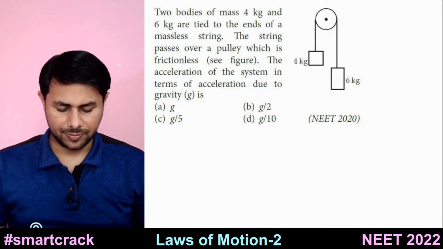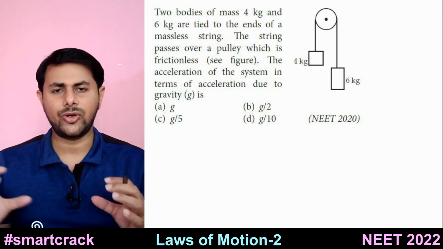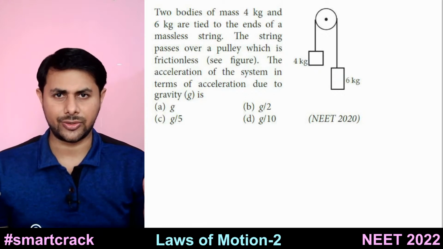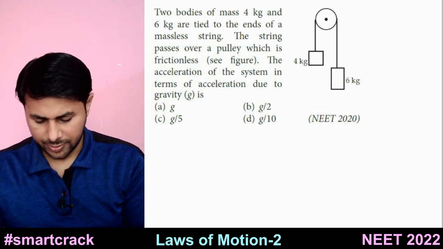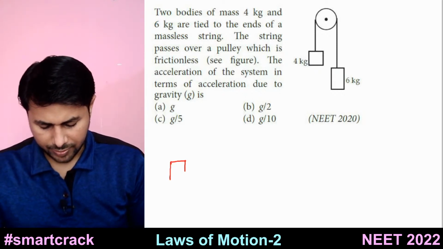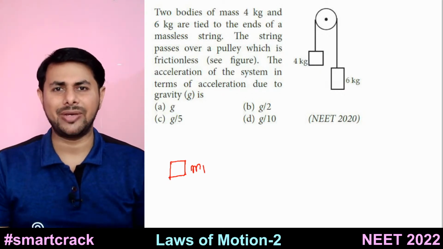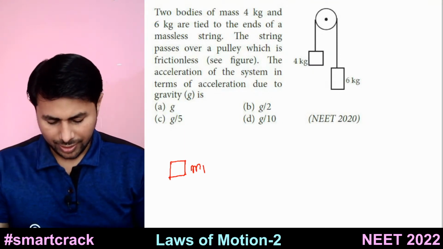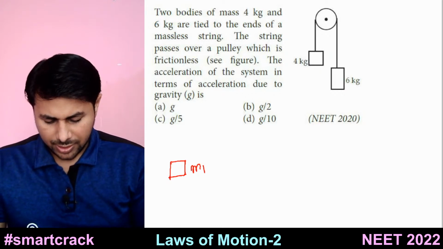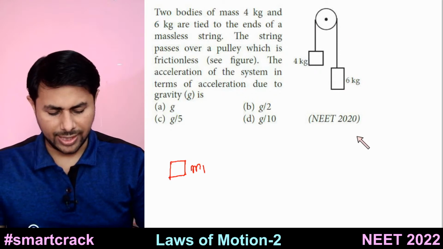So what we have to do is draw free body diagrams for these two blocks. If you consider the block of mass 4 kg, let's call it m1, let's derive the formula and we'll memorize that formula, in case you haven't seen it. Now clearly this mass is bigger, so the system will move like this.